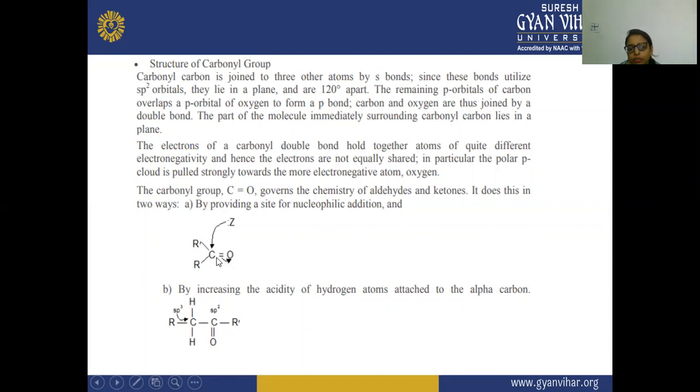Oxygen is pulling electrons from this carbon, because it is very electronegative.